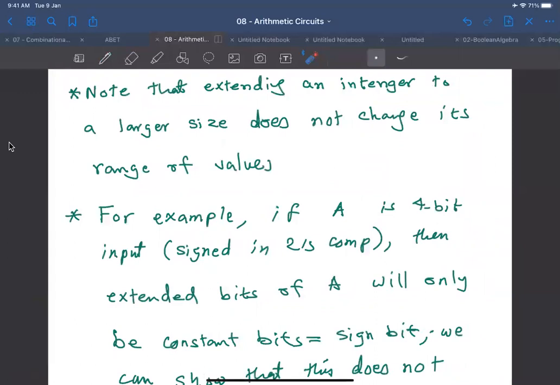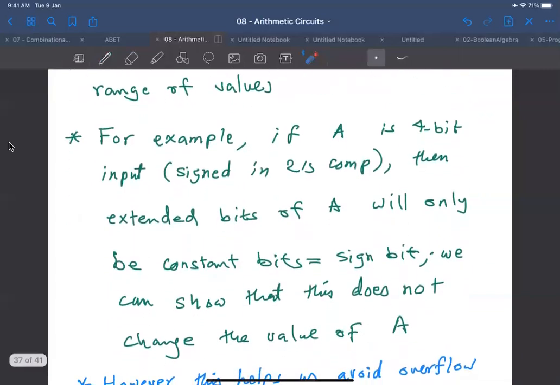Note that extending an integer to a larger size does not change its range of values. For example, if we have A as a 4-bit input that is signed in 2's complement, then the extended bits of A will only be constant bits, which equal the same bit.